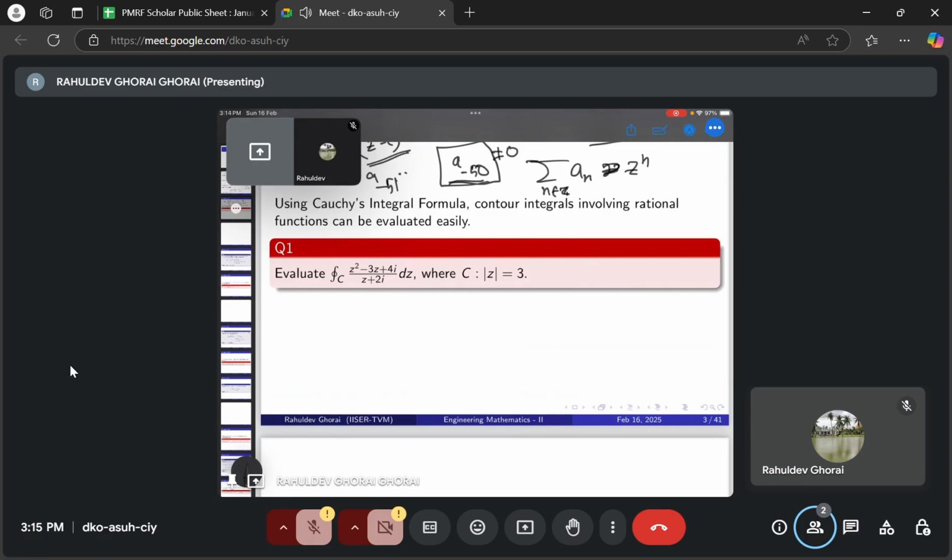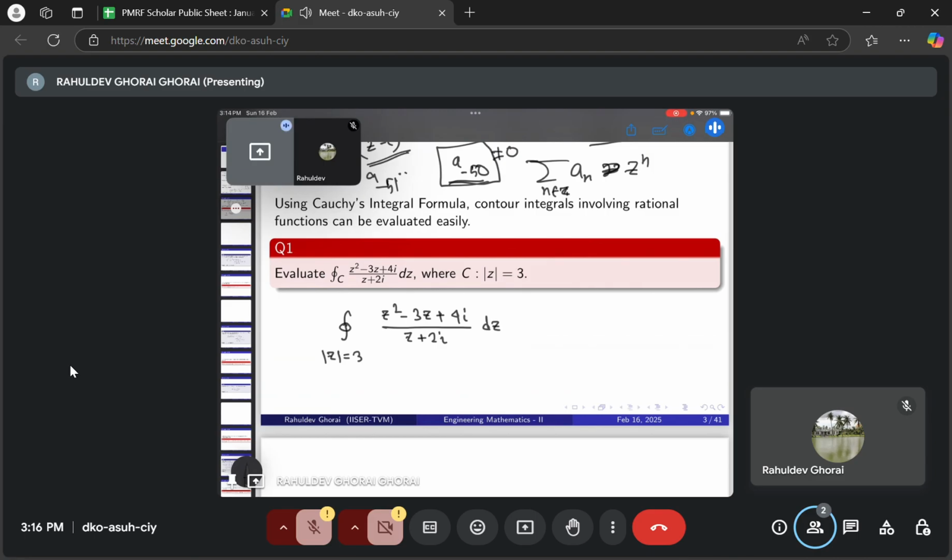So how to do this? This is nothing but the integration over mod z equal to 3 of (z square minus 3z plus 4i) over (z plus 2i) dz.